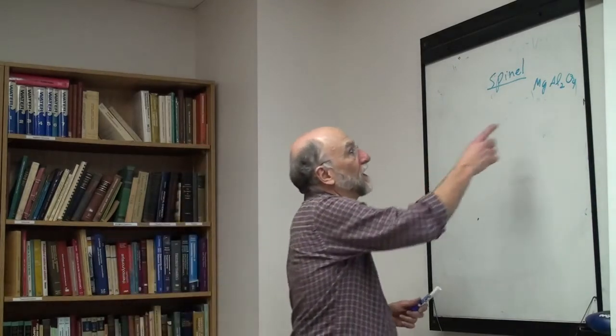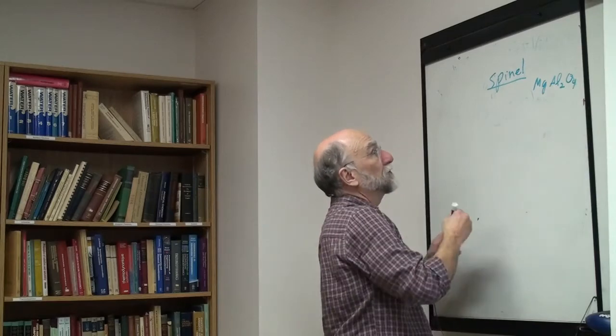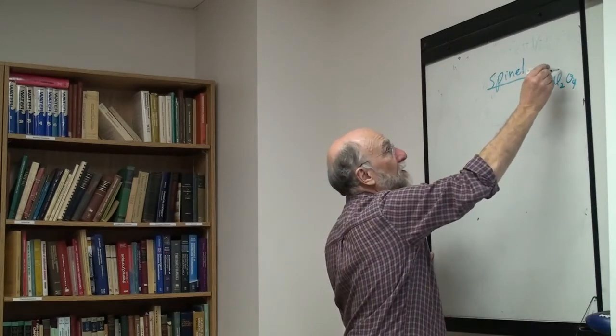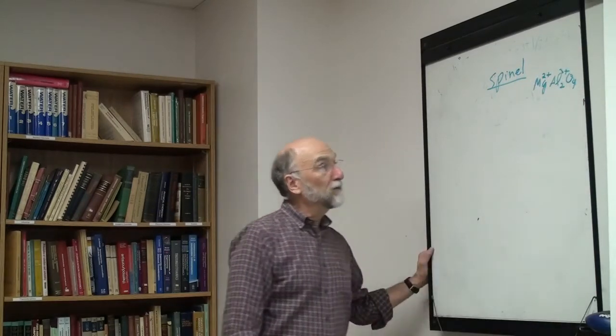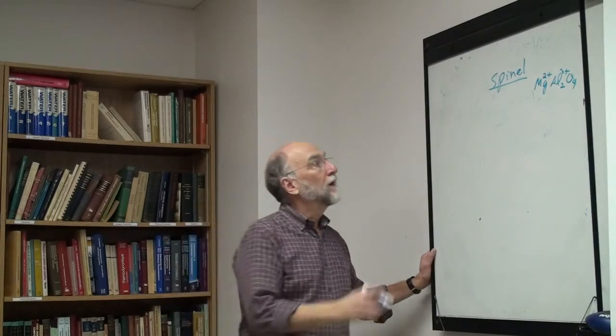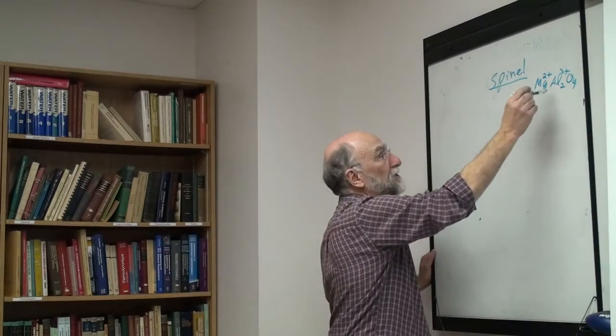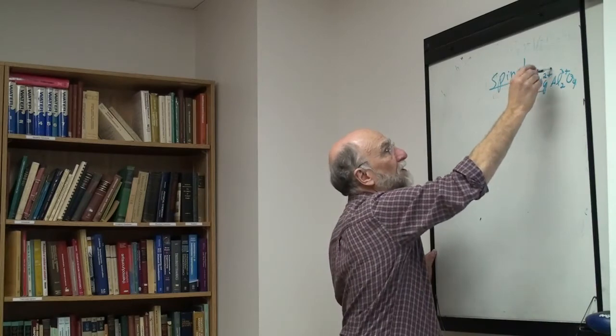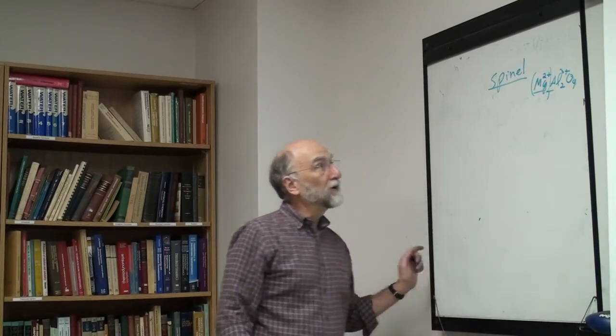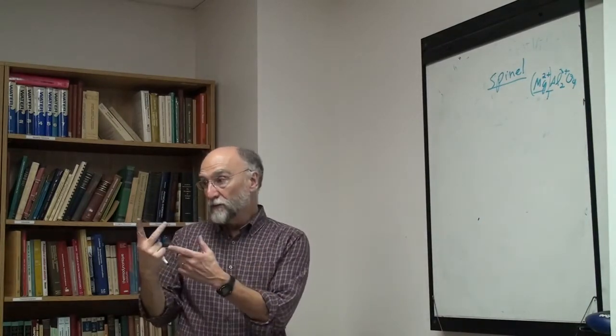This is a 2,3 spinel: the magnesium is 2+, the aluminum is 3+. You have two different cationic sites. These cationic sites are tetrahedrally coordinated, that is, they have 4 oxygens around them.